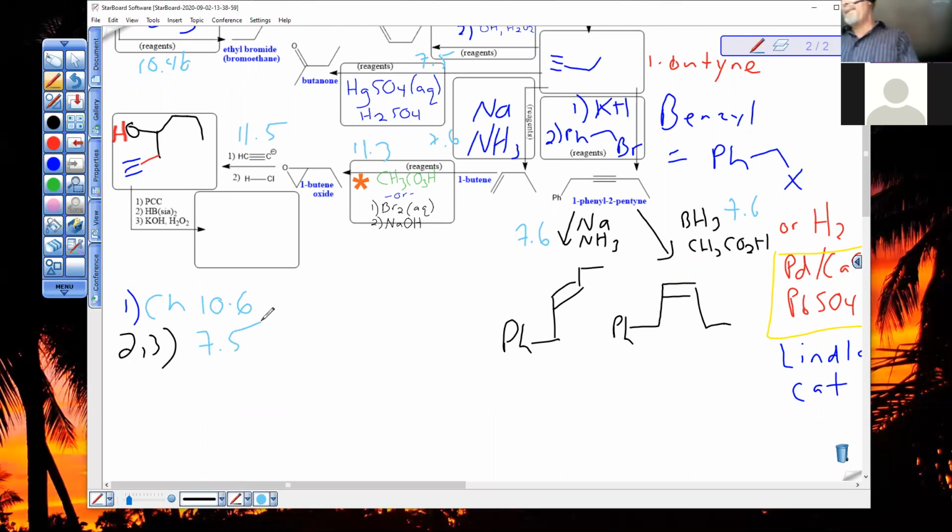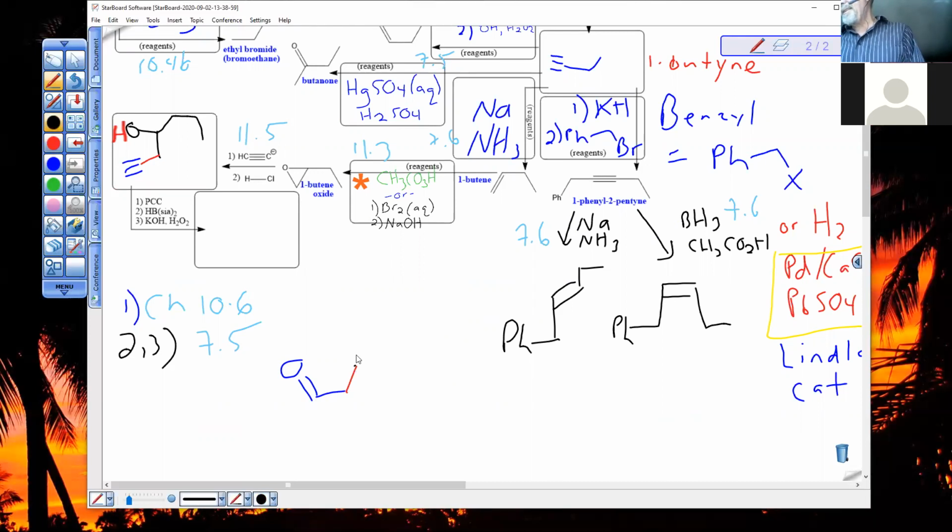And what happens there is you convert your terminal alkyne into an aldehyde, just like we did above. So we're going to have an aldehyde. Let's draw it down here. Goes to a C, C. Here's the synthesis bond.